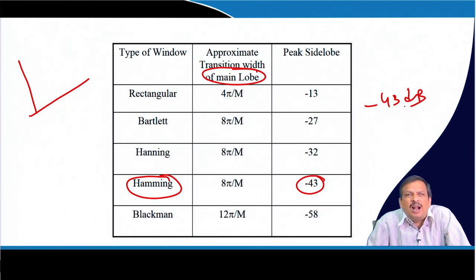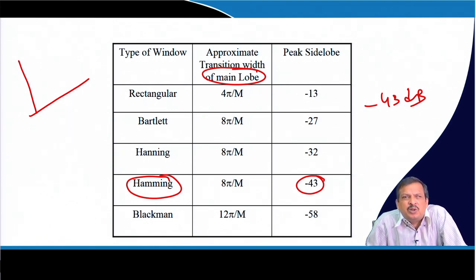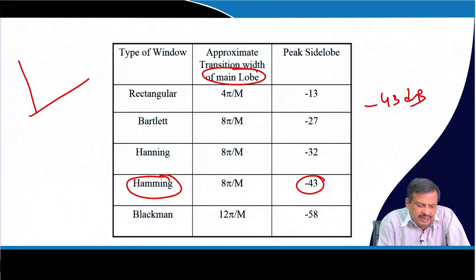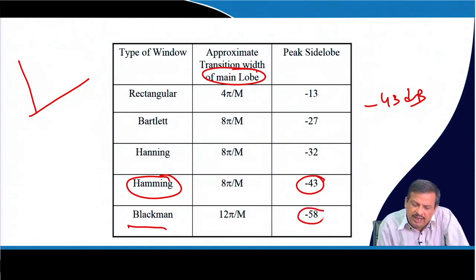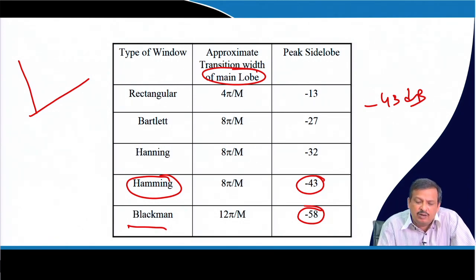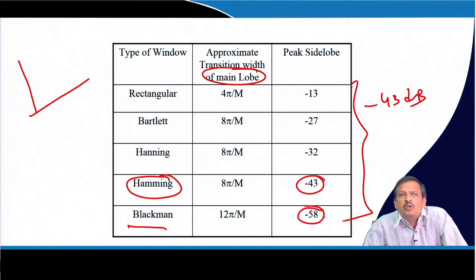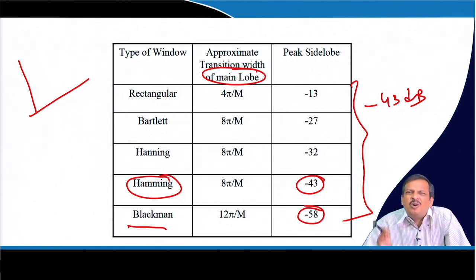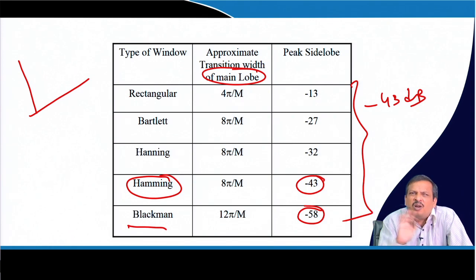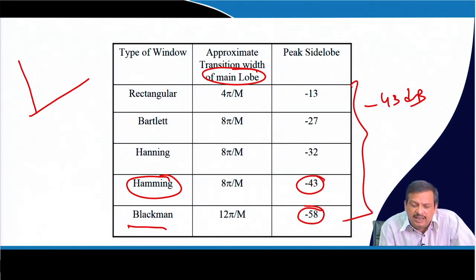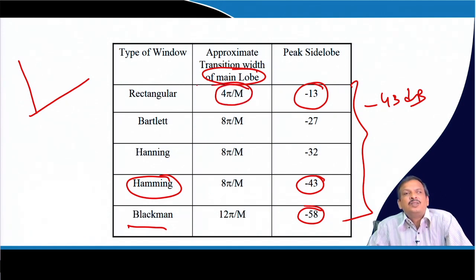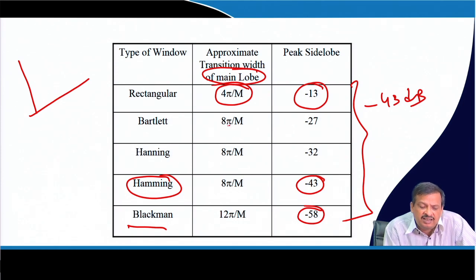If I require very much attenuation in the side lobe, then I can go for the Blackman window, minus 58 dB. So if the stop band attenuation is my important factor, then I know which window to use. If I say stop band attenuation is not that important, then I can use the rectangular window because it has a smaller transition bandwidth. So, this is the relationship with the transition bandwidth.